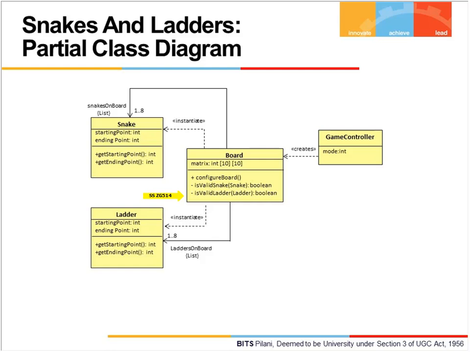Now I've captured one attribute association for this. As was told in the case study, if I restrict my game to 10 snakes and 10 ladders, or 8 snakes and 8 ladders, my board will have an array or a list of 10 snake objects or 8 snake objects.